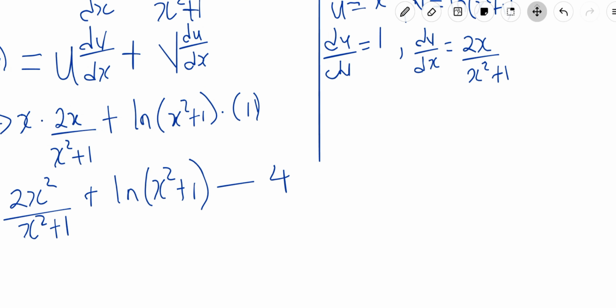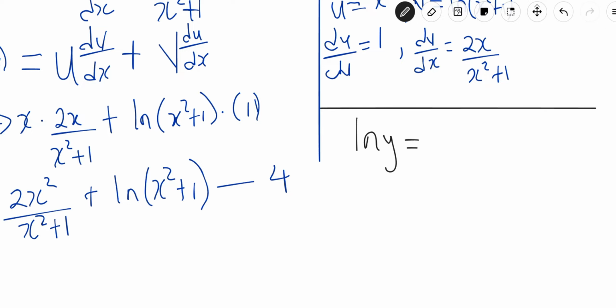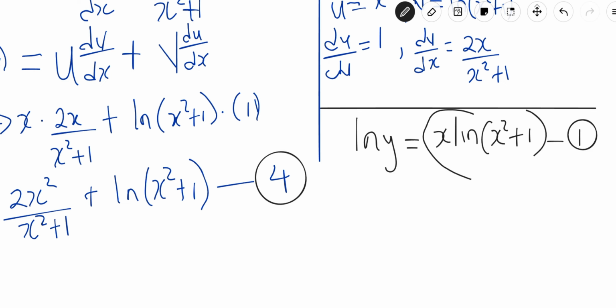I'm going to recall equation 1, which says ln y is equal to x ln(x² + 1). So what I just achieved in equation 4 was differentiating this right hand side of equation 1.